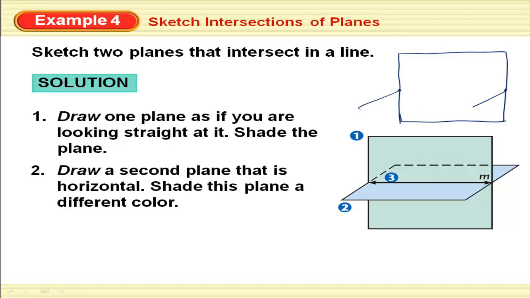And then I join them like that. And now I draw the back part of this, but since this part is behind that first plane that I just drew, I have to draw dashed lines, okay? And once I'm out from behind, I can draw solid lines.